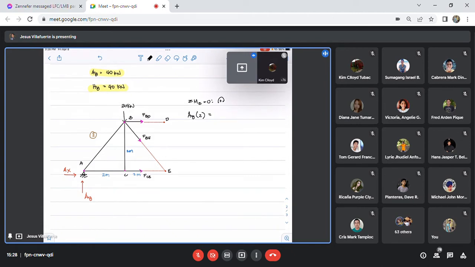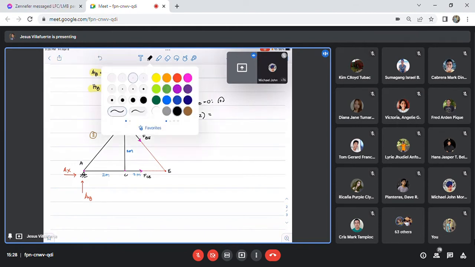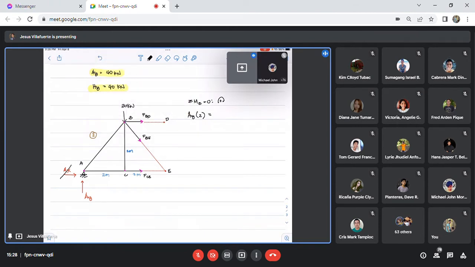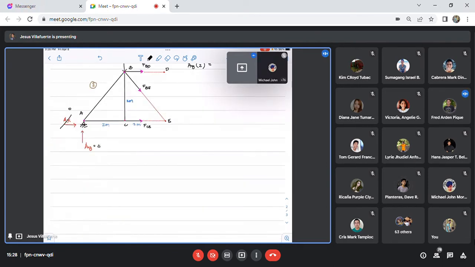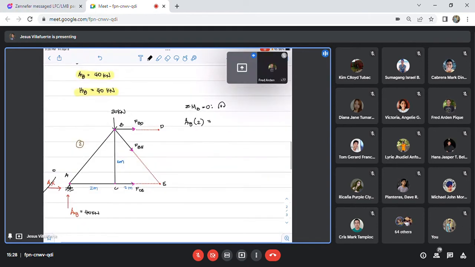What are the counterclockwise forces? We have AX, but AX is equal to 0. And AY, how much is AY? I think it's 40 kilonewton, sir. So this is 40 kilonewton. What else? FCE.